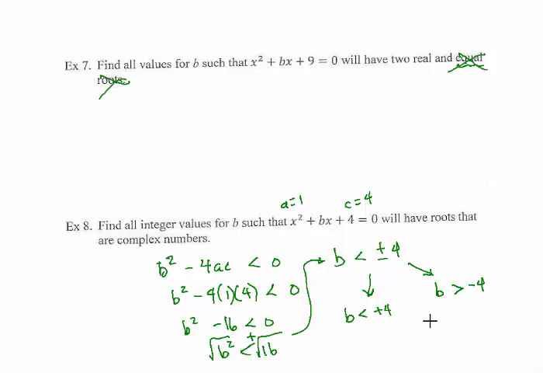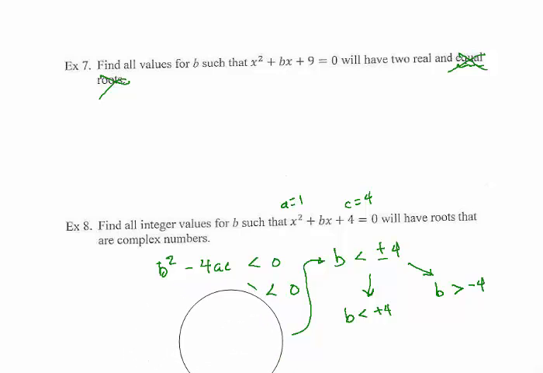Okay, so we'll test these two just to make sure our inequalities are oriented in the right direction. B less than positive 4, so we could go with the 3. And for a, I want to put in a 1.